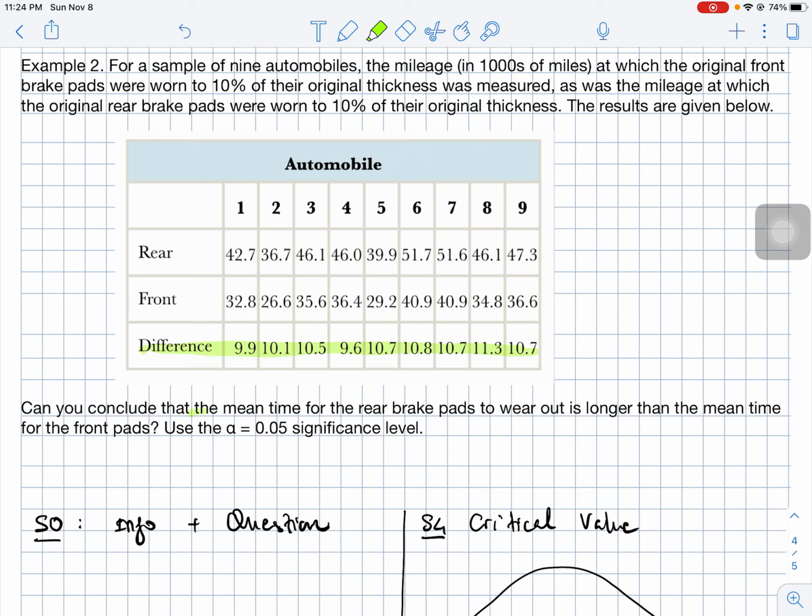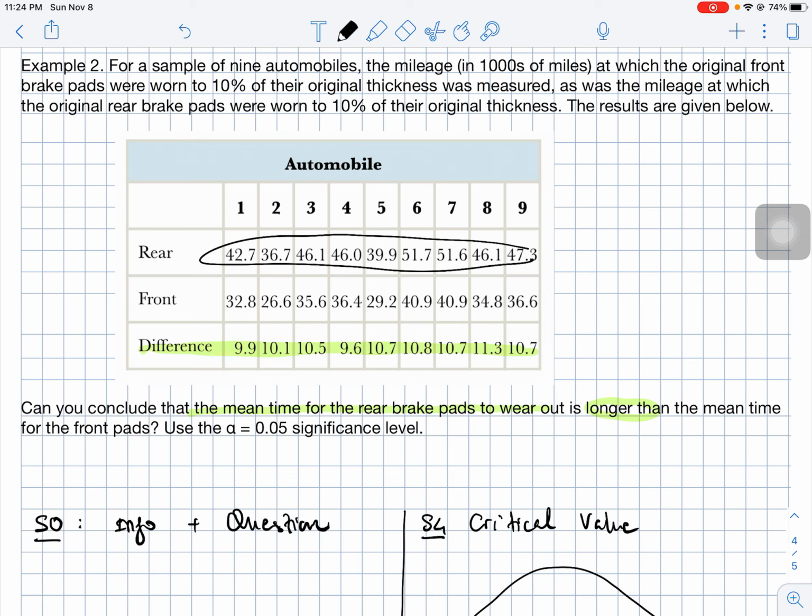The question says that the mean time for the rear brake pads to wear out is longer. That means, because they mentioned that it's longer for the rear, look at the rear numbers. They say it's longer, so let's look at that number and compare with the front number.